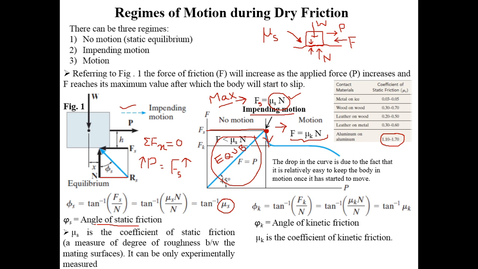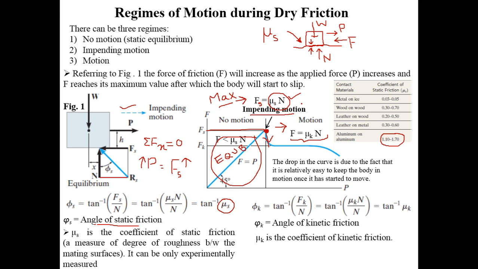So as the weight of the object increases, the value of N increases, and these two rough surfaces begin to come closer to each other. When this happens, the roughness will try to penetrate into each other. This will create more locking effect, and ultimately it will increase the value of friction force. So it is pretty obvious, based on this observation and a lot of experiments, that the maximum value of friction force is the product of the coefficient of static friction and the normal reaction.